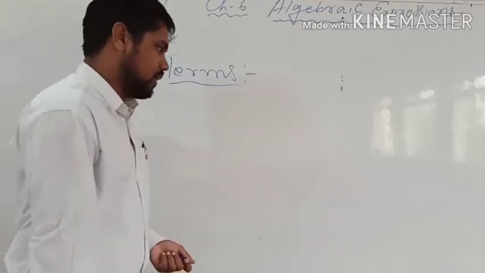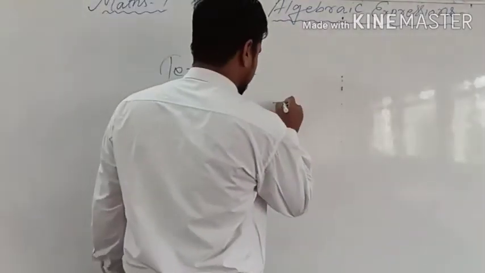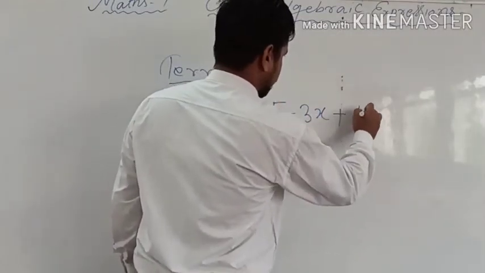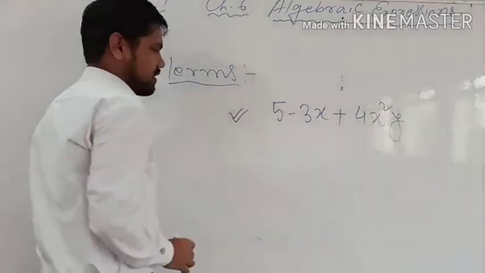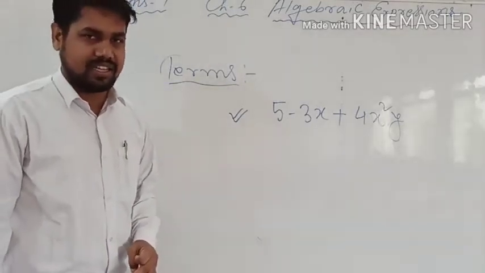You can understand it properly through an example. Suppose I am taking one example: 5 minus 3x plus 4x square y. This is one algebraic expression given. So which are the terms of this algebraic expression?